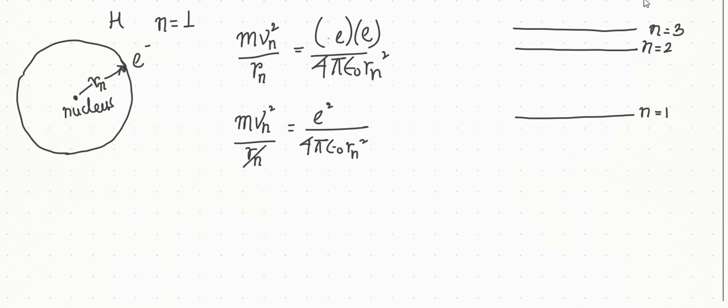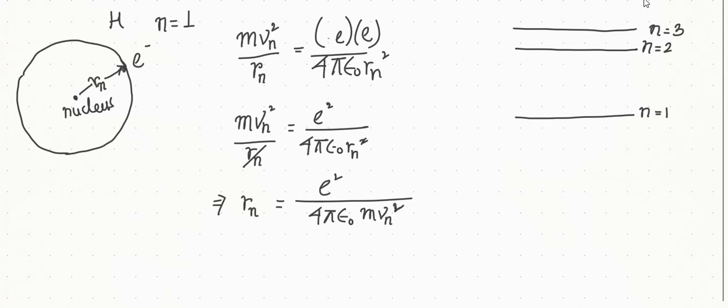So this rn and this square cancel out, and if I try to find the radius of the nth orbit, it is e square divided by 4 pi epsilon 0 m vn square.